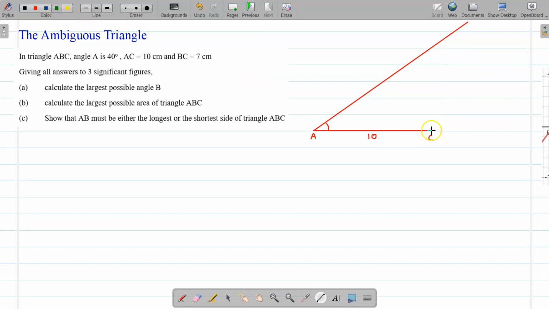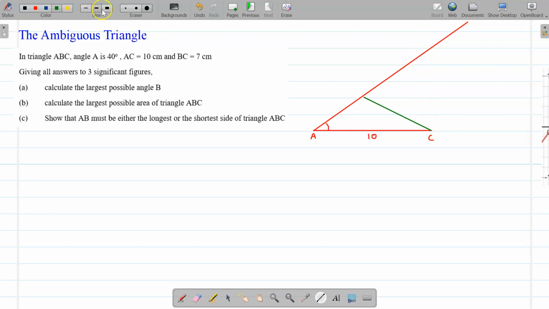If I start at C, the line AC is 10. I would estimate that the green line I've drawn is about 7 centimeters, so it's going to hit the red line about there. Now, if I were to put a compass point there and set it to 7 and swing the compass round, you would see that it would also come to this point about here.